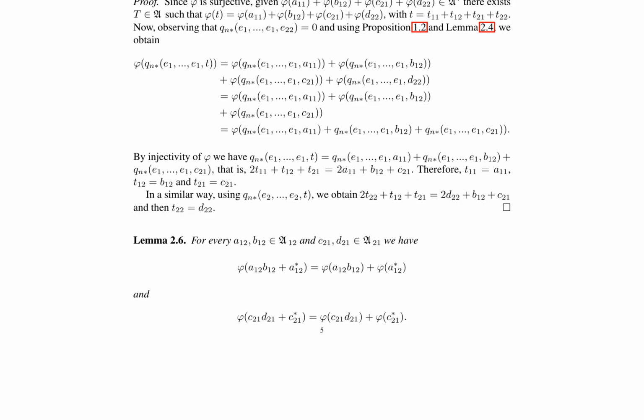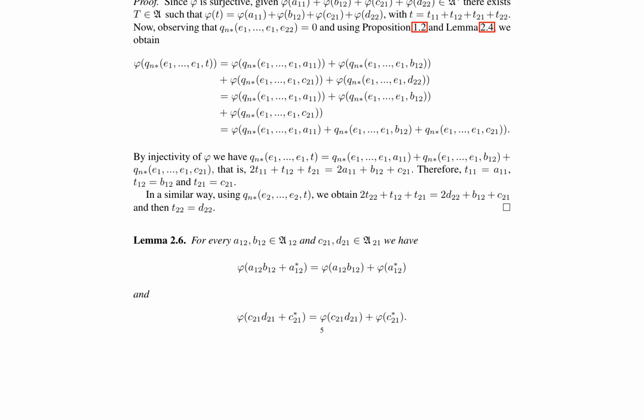By injectivity of phi, we have Qn * operator (E1, T) equals Qn * operator (E1, A11) plus Qn * operator (E1, B12) plus Qn * operator (E1, C21), which yields 2t11 plus t12 plus t21 equals 2a11 plus b12 plus c21. This implies t11 equals a11, t12 equals b12, and t21 equals c21.